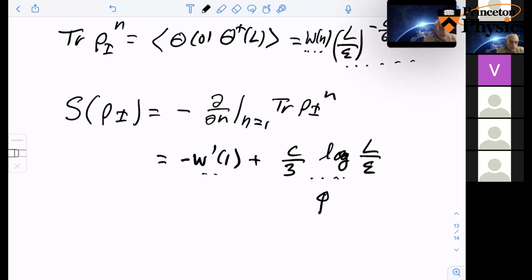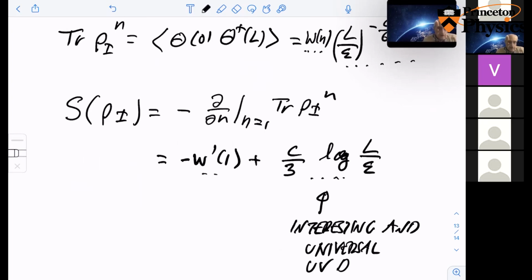Now this is the interesting and universal UV divergence. We'll see both the fact that it's divergent is important, but also the fact that it's proportional to C over 3 is important. We'll find that this formula has a lot of implications and applications.